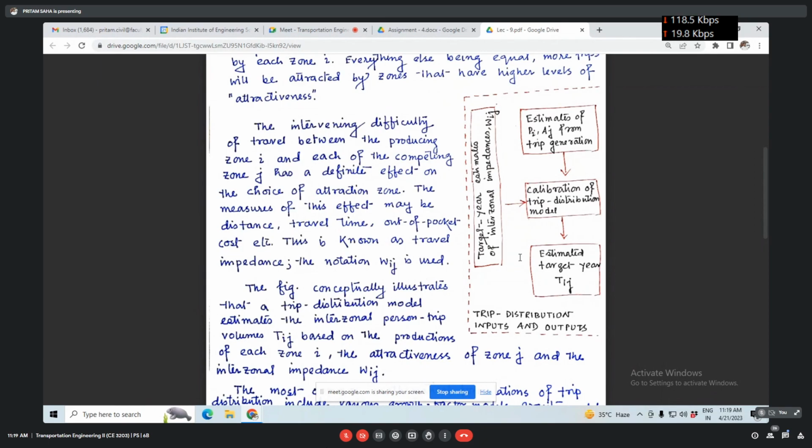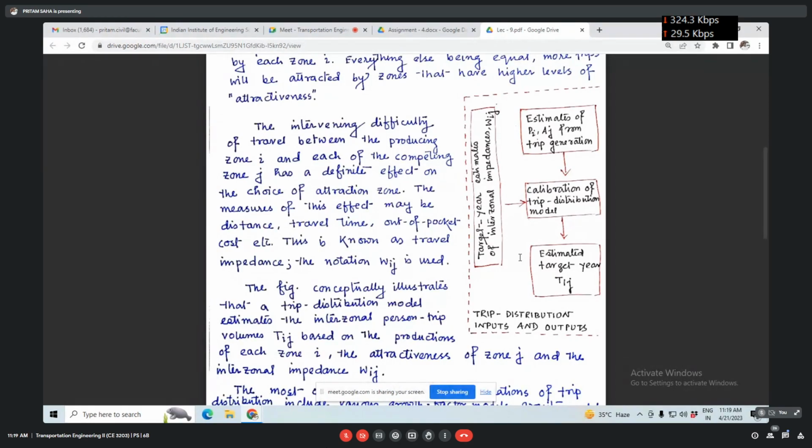So once we have such data, impedance between two zones and their production and attraction, we can calibrate a trip distribution model, because these values are going to be an input into your trip distribution model.